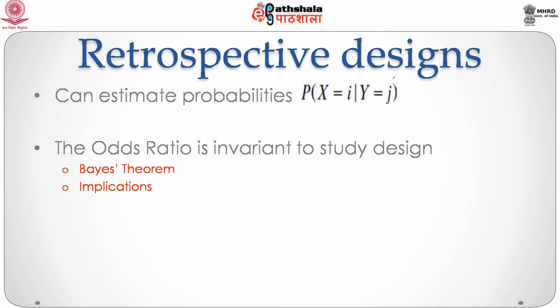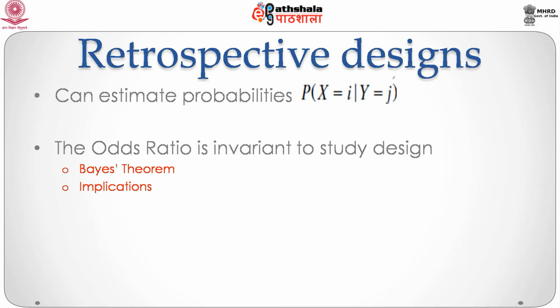We can argue that it is more natural to try and predict the occurrence of lung cancer given smoking and not vice versa. It turns out that when we use such a retrospective design, it is not possible to estimate the risk ratio. However, the odds ratio has a very remarkable property, which is that the odds ratio is invariant to study design.